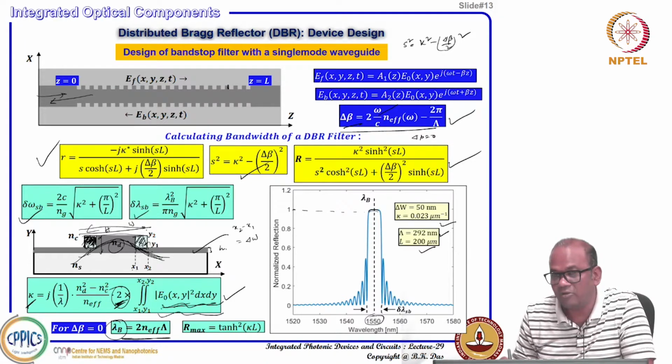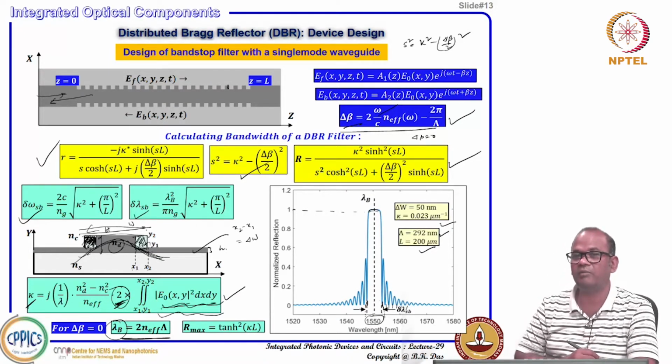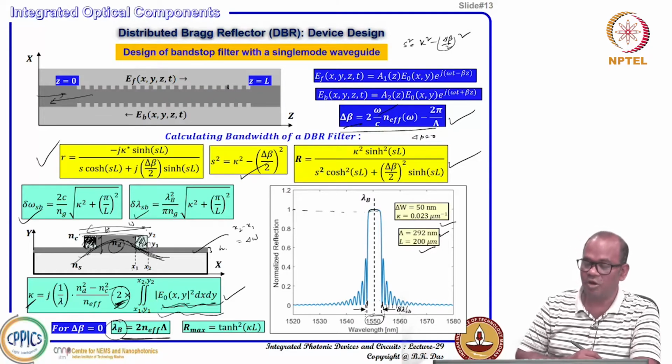Other than delta beta equal to 0, there are other values where the minima occur, according to our previous discussion. Minima means r equal to 0. Our interest is the first 0 on this side and this side. As a function of lambda, whatever lambda you get here and whatever lambda you get here, if you subtract you get delta lambda SB, that is the stop band.